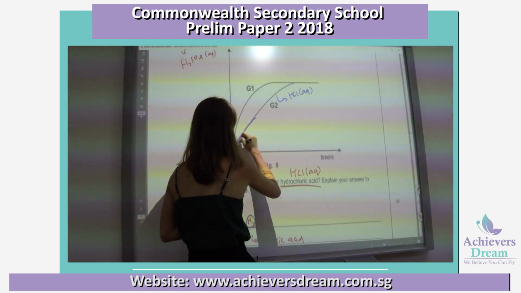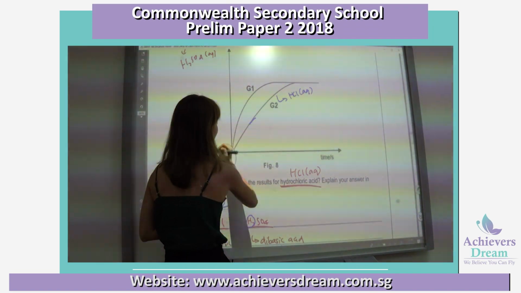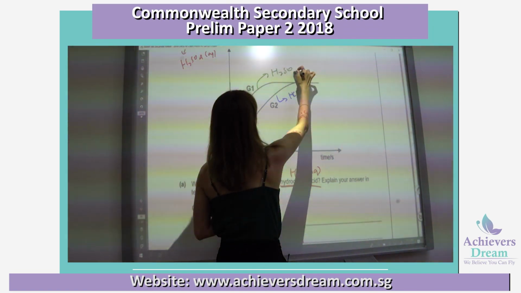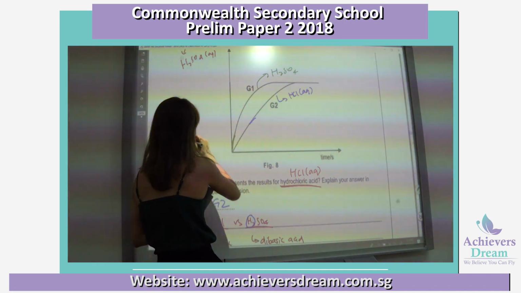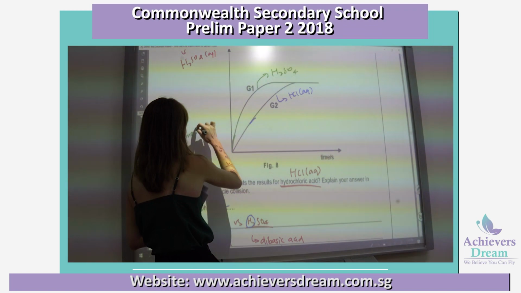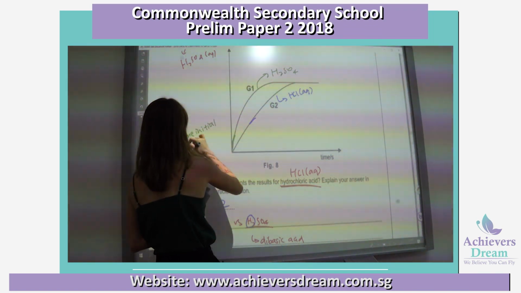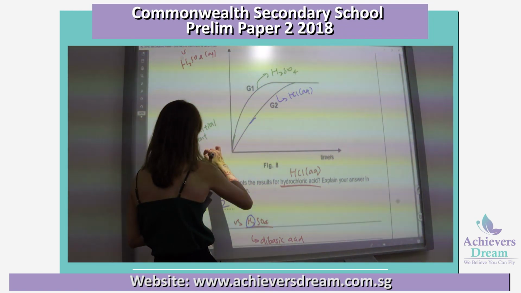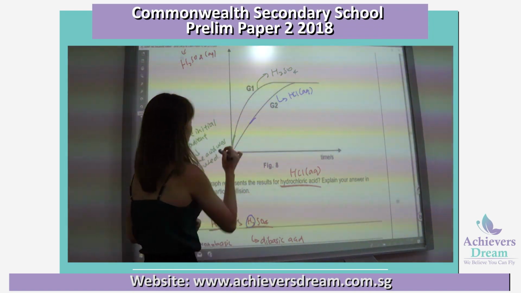Initially the gradient will be the same as, not graph 2, graph 1, because this is H2SO4, correct? So initially the gradient will be the same because the same acid was being used, which is H2SO4.